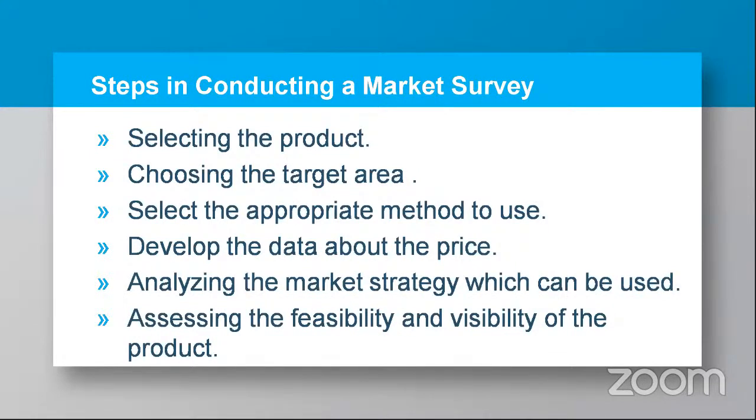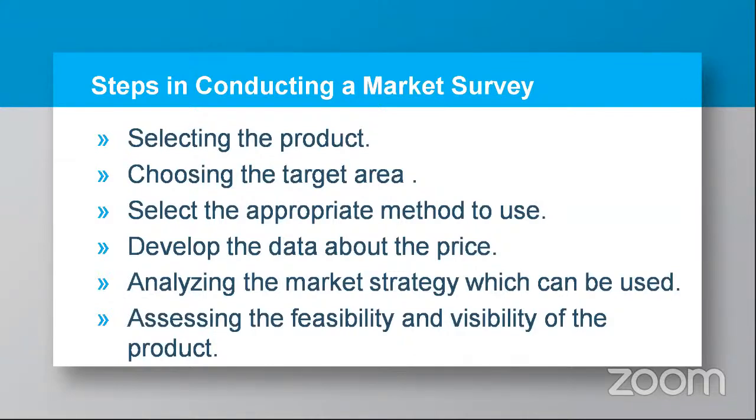Then number 6, assessing the feasibility and the visibility of the product. So here you look at how useful the product will be to people in a particular community, people whom you want to buy that product, or whether it will not be useful.